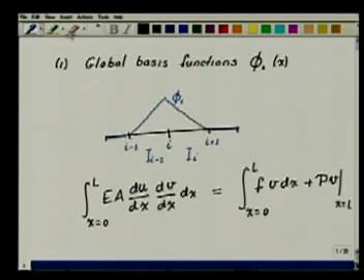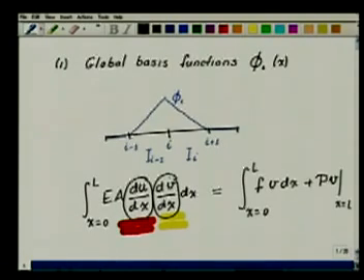So now let us look at this part. Here you see that this term and this term are sitting in this integral. What we want is for this integral to be finite. Now what does it mean? If this integral has to be finite, then each of these terms, du dx and dv dx, have to be defined in the domain of interest.